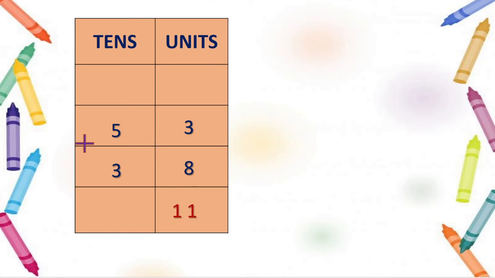That is 1 is carried over to the tens place. Now 1 plus 5 plus 3 is equal to, yes, very nice, 9. So our answer is 91. That is 9 tens, 1 unit.